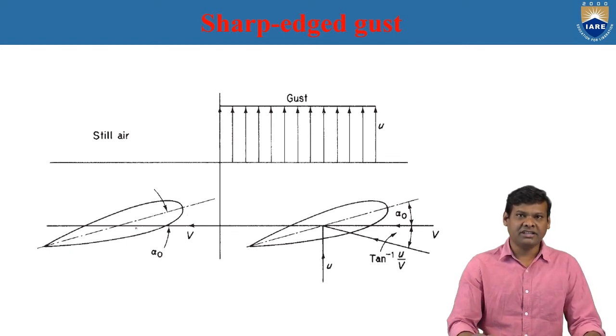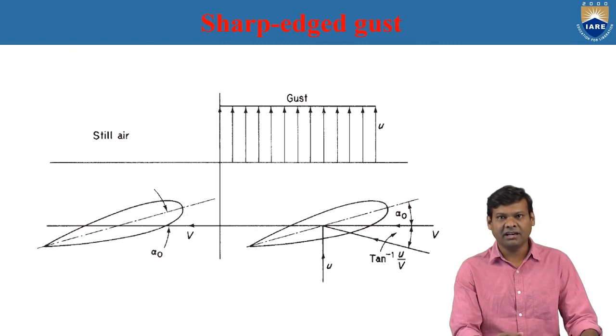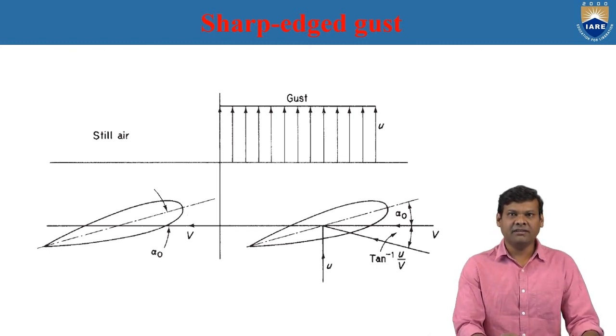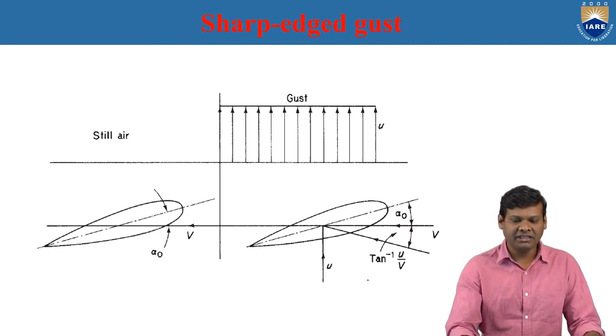Before entering the gust, the angle of incidence is alpha naught and velocity is V. But when the aircraft enters the constant gust of velocity u, the angle of incidence changes from alpha naught to tan inverse u by V. And you can deduce this.